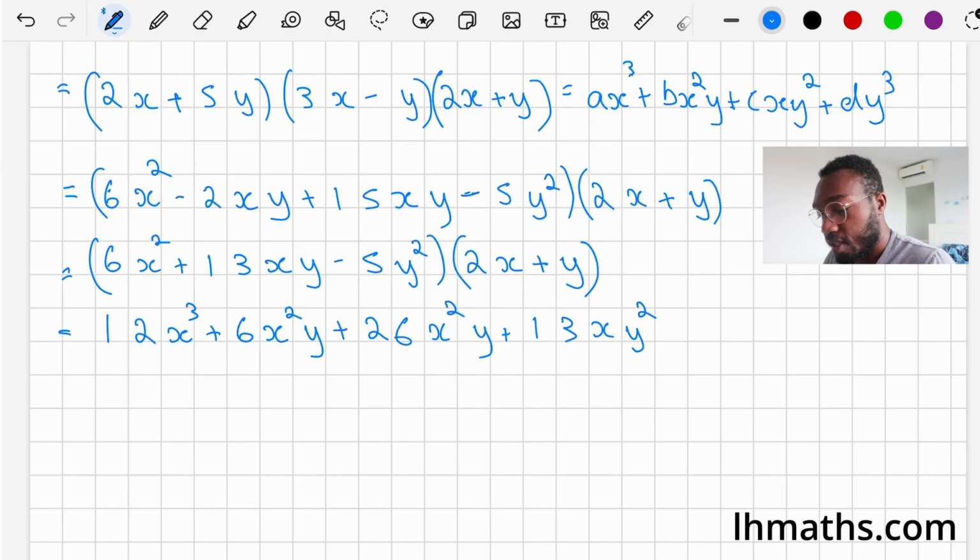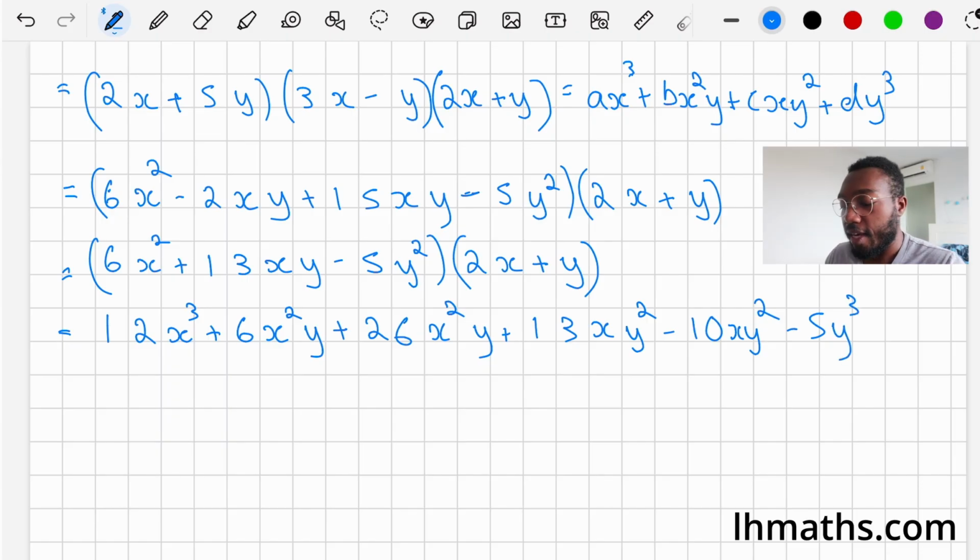And then we have a 5y squared times a 2x. So that will be a minus 10xy squared. And then lastly, we have a minus 5y squared times a y, which will be a minus 5y cubed. Okay? And now we can simplify this all down.